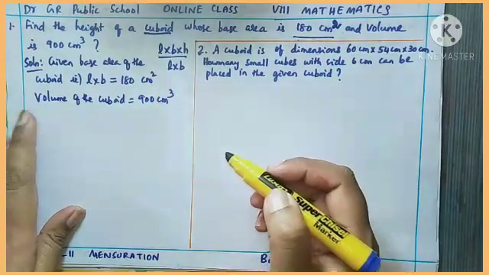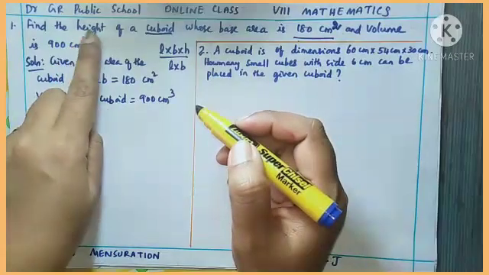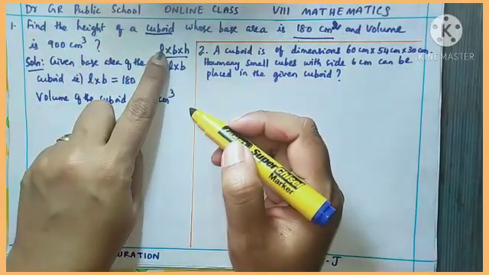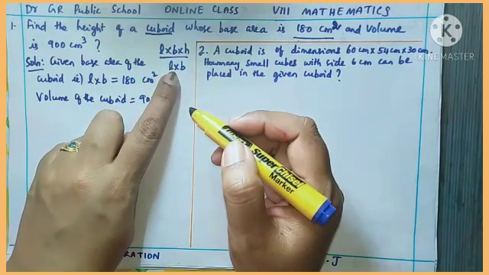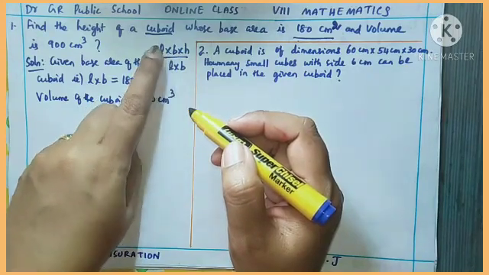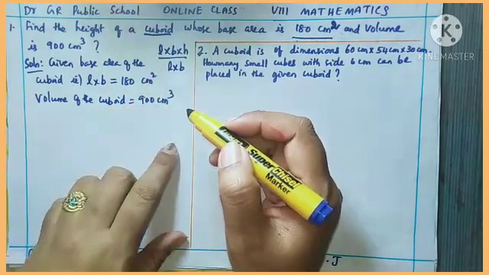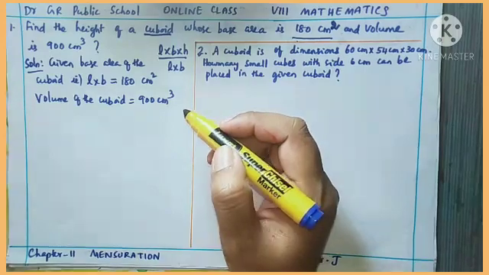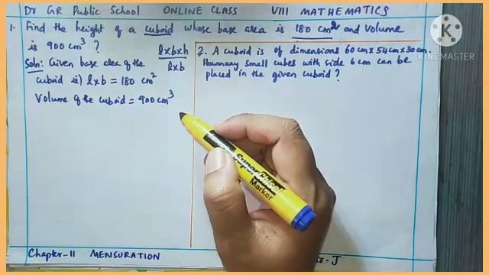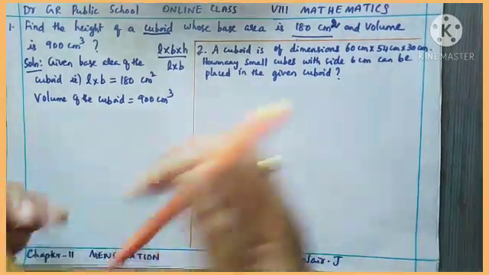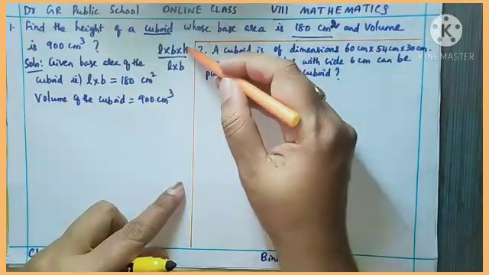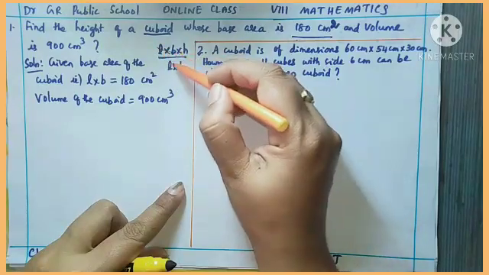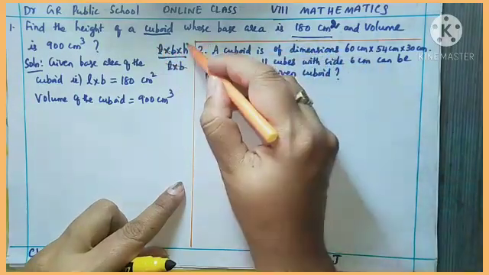Now you see, we want height of a cuboid. So you see here, volume is L into B into H, base area is L into B. From this, how can we get the height of the cuboid? No other measurements are given. So how can we get the height of a cuboid? Yes, when you divide the volume by the base area, you see L into B will cancel, and who is there remaining?